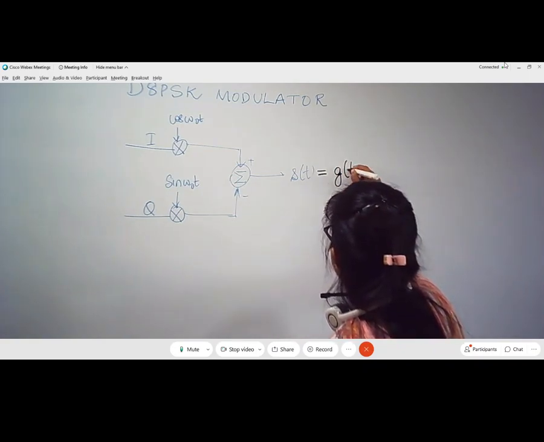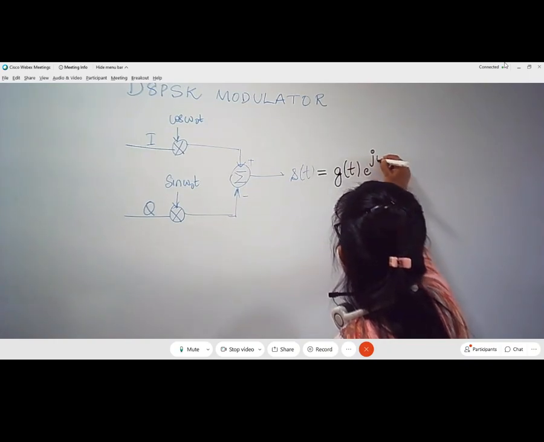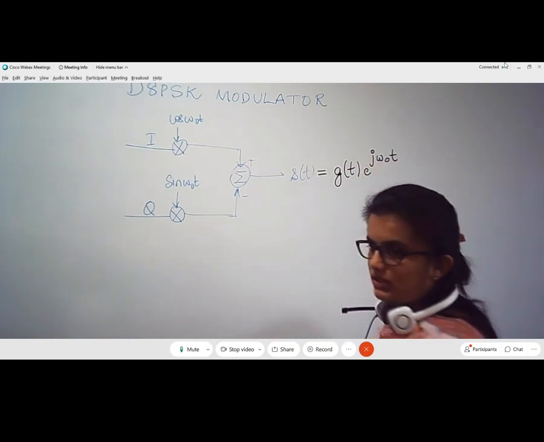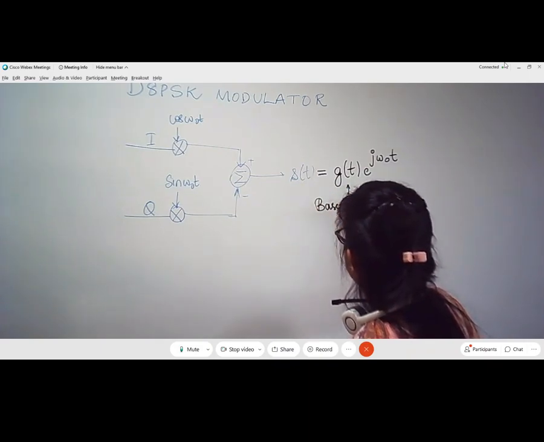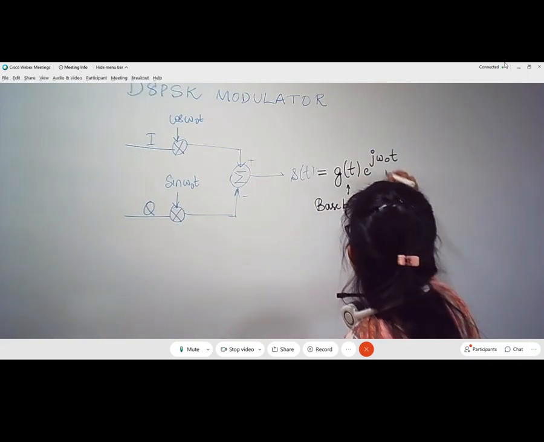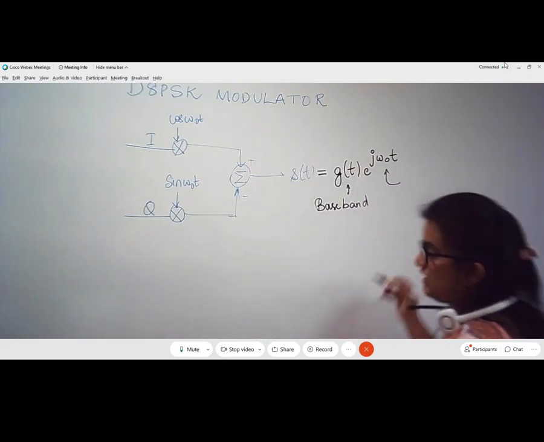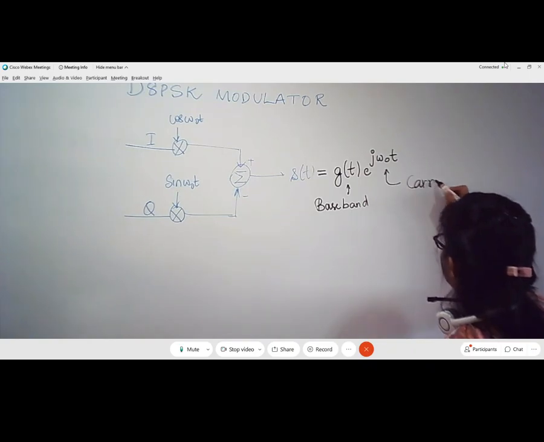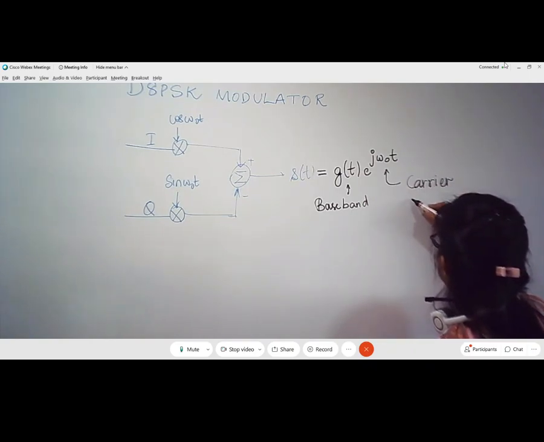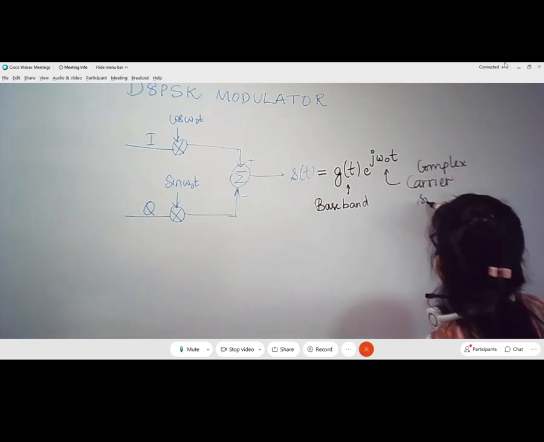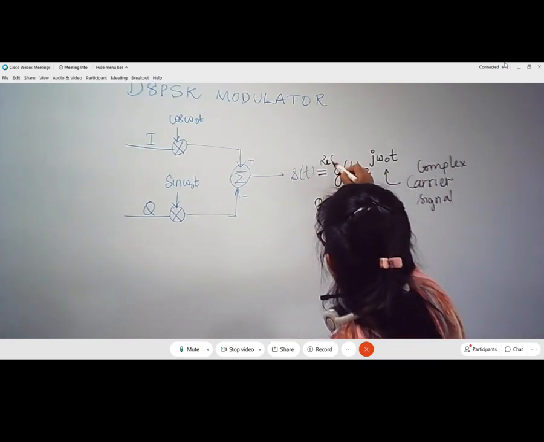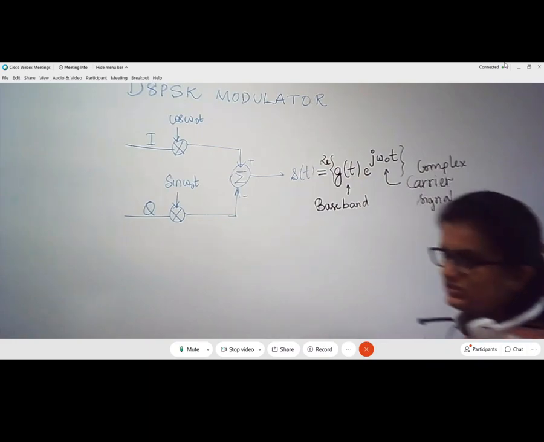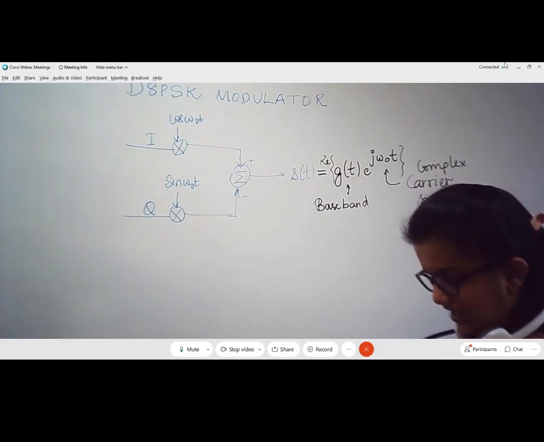It is g of t multiplied by e to the power j omega naught t, where g of t is the baseband data and e to the power j omega naught t is the complex carrier signal. So whenever we send a symbol, it will be the real part of this baseband pulse multiplied with a complex carrier signal.